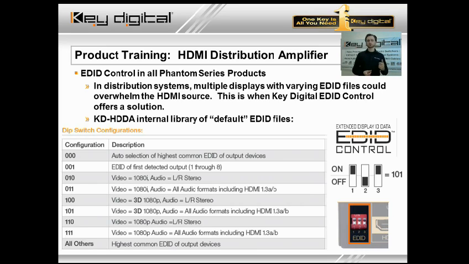We've created the most generic files, for example, 1080i with 2-channel audio, the down, up, down configuration of the dip switches, 1080i with HD audio, down, up, up, 3D video with 2-channel audio, 3D video with your high-def audio formats, 1080p with 2-channel audio, and 1080p with high-def audio formats. Okay, so that's a way to go from our library. And really it's just going to vary by your installation as to which one you're going to want to use, but just having an understanding of what EDID really is is going to prepare you for that.